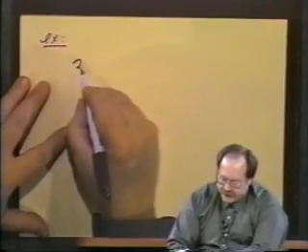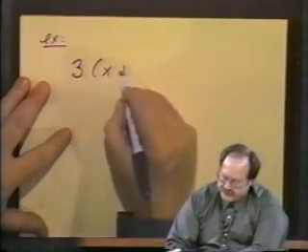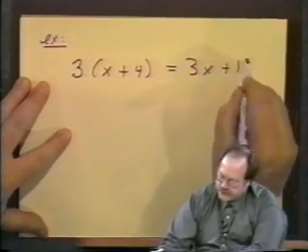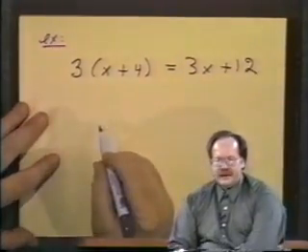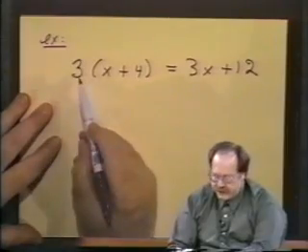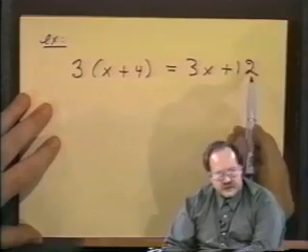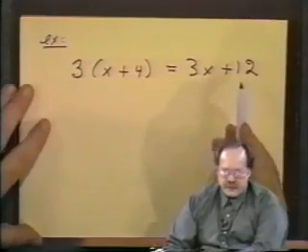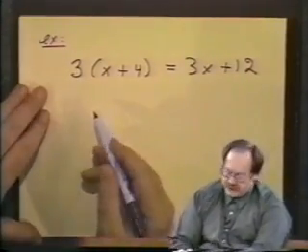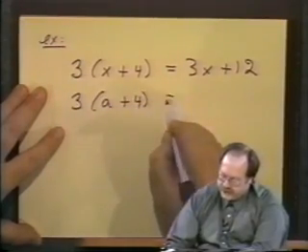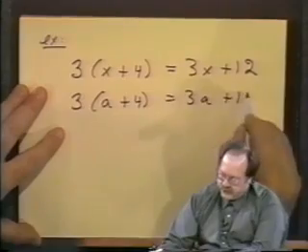Example. In mathematics, you can write down the following statement. 3 times (x plus 4) equals 3x plus 12. Now that should be easy to see, that if I multiply 3 times x, I get the 3x. 3 times the 4, I get the 12. So this statement is true. But notice the following other statements. 3 times (a plus 4) equals 3a plus 12.